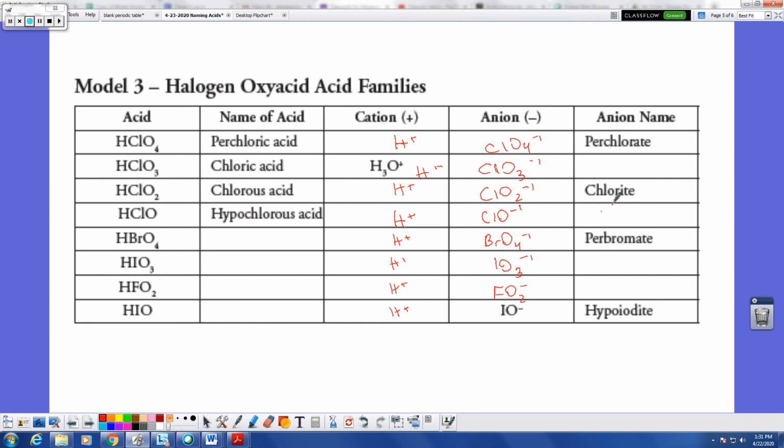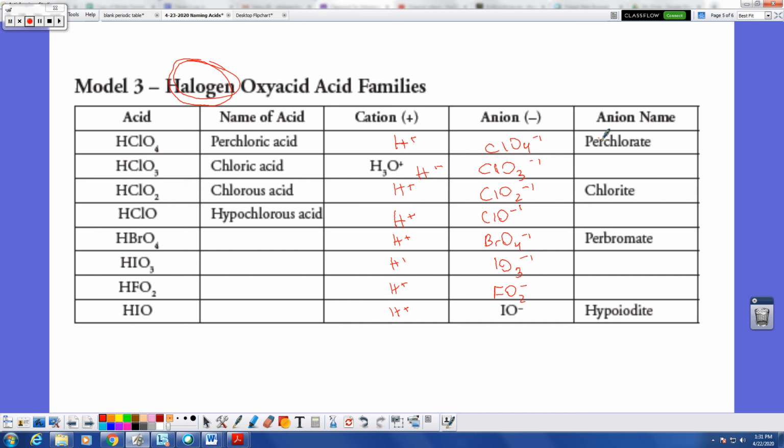Now, if you will notice, the ClO4 is perchlorate. The BrO4 is perbromate. These are all halogens, halogen oxyacids, so the polyatomic ions are all made with halogens. That next to the last column on the periodic table, they're going to all have the same trend in their oxidation numbers and the way that they make their different ions.